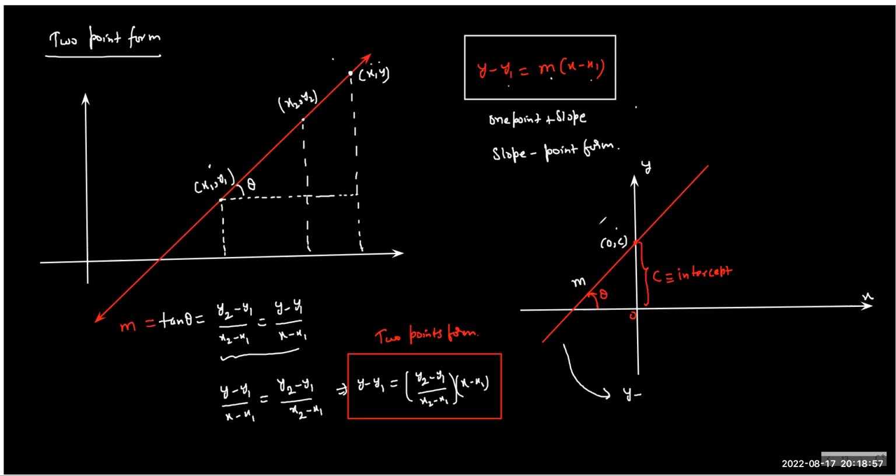The only point which we know is (0, C). So what is y1 here? The value of y1 is C, equals to m into (x minus x1). What is x1? It is 0. So if you look carefully, this is nothing but y equals to mx plus c.